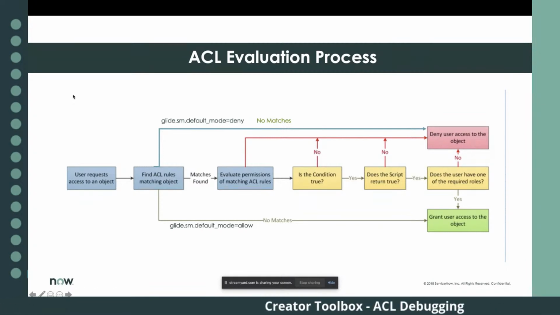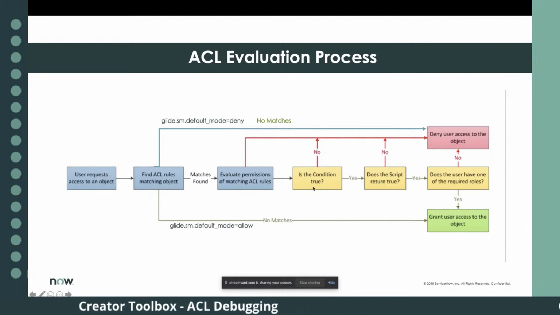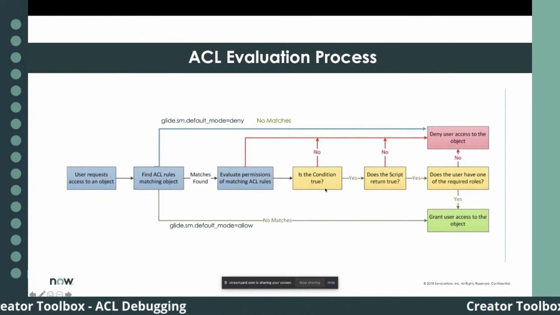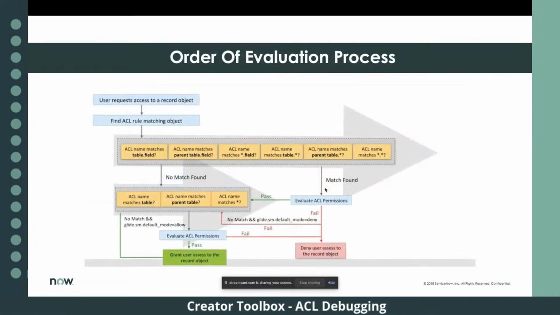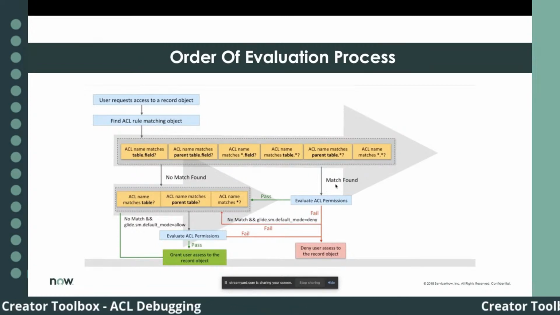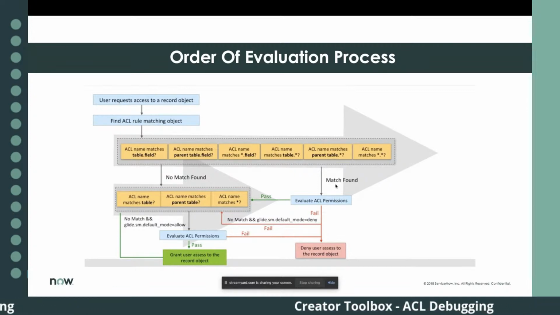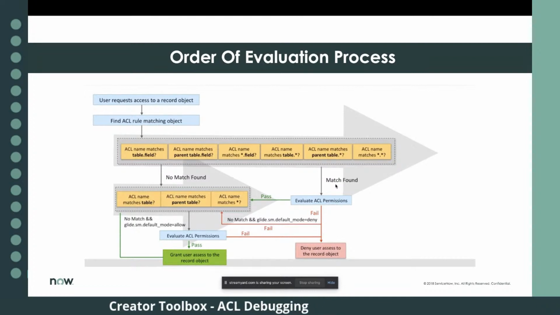I thought it checked roles first. No, it checks the condition first. Okay, so it's condition, script, then roles. Yes. In the debug log, you would see the script as the last option, right? But the evaluation process is different: it checks the condition, then the script, and then the roles.